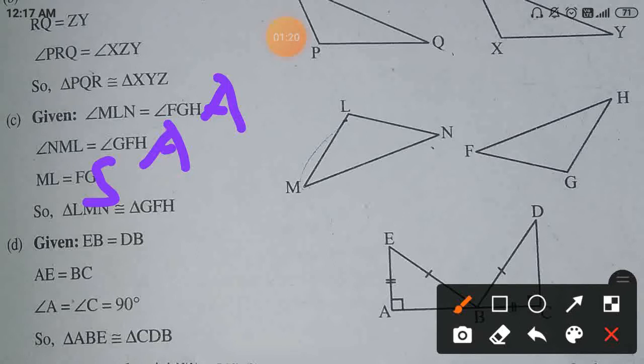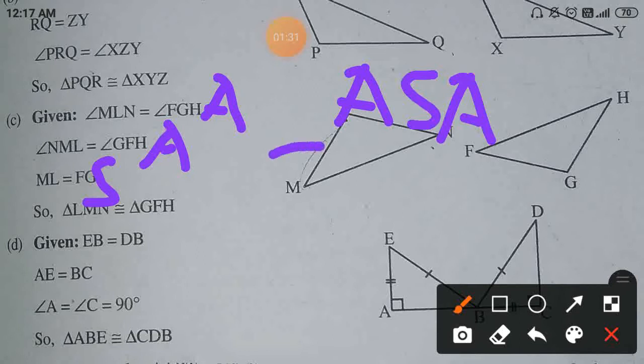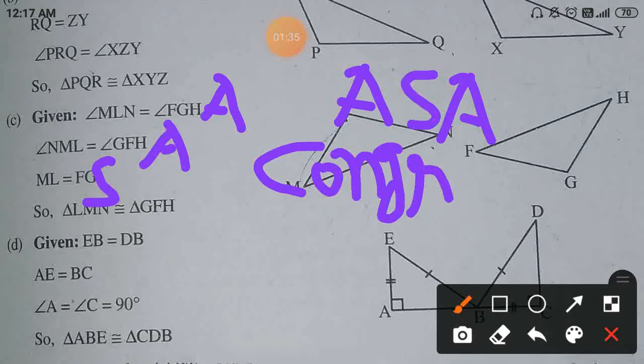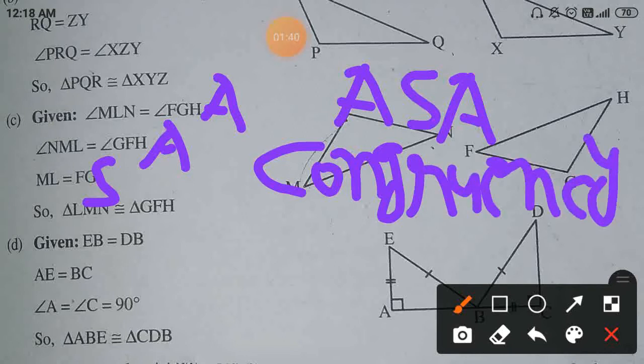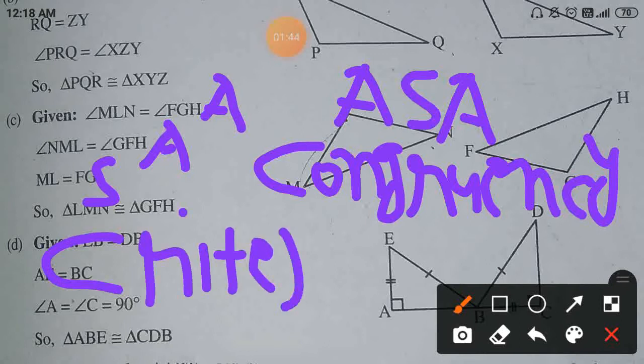It means it is ASA congruency criteria we are using here for showing the congruency between these two triangles.